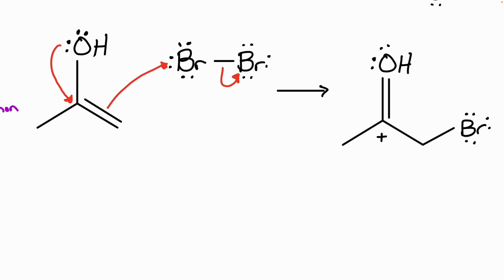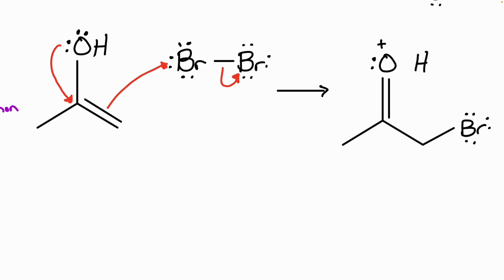This is a much more stable intermediate because I still have that positive charge, but it's now on this oxygen which has a complete octet, versus a carbocation which would have an incomplete octet. So that's why we're going to have this as our intermediate. That pair of electrons on that oxygen will come down and satisfy that carbocation.